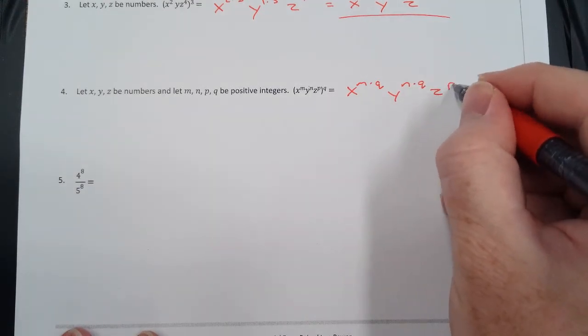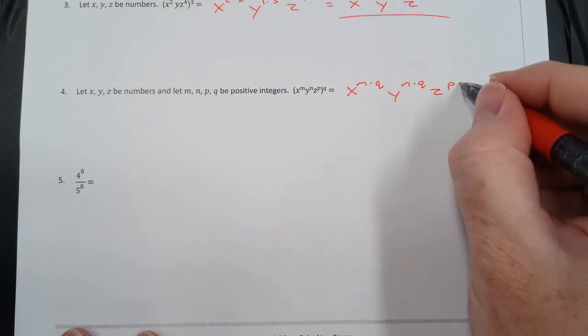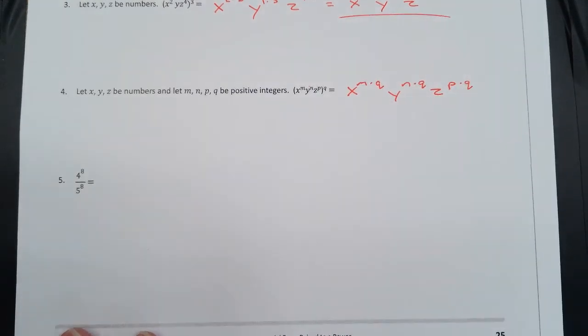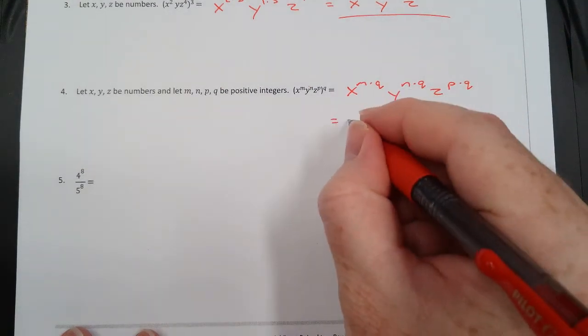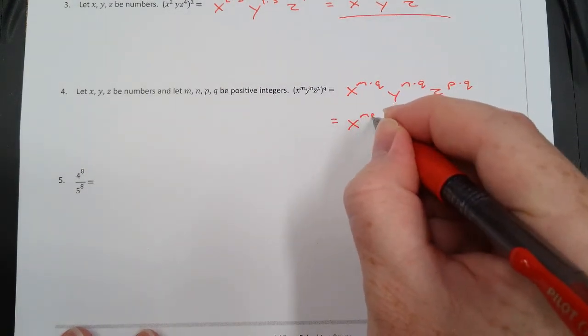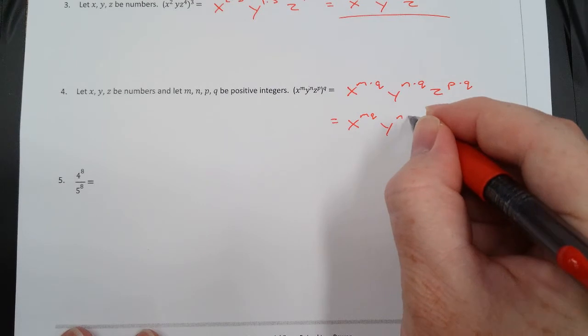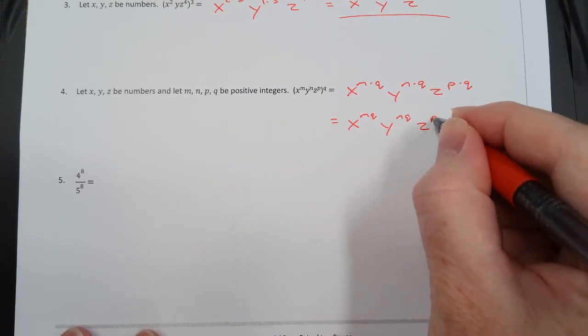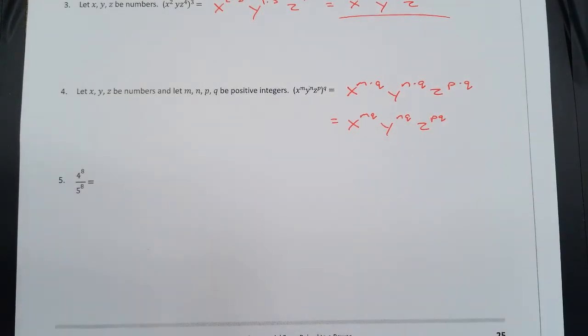You have z to the p, and the q gets passed to that too, so you have p times q. So this might look a little bit funny, but it's x to the mq, y to the nq, z to the pq. The reason why it's not simpler than that is because it's all variables and we don't know what the numbers are.